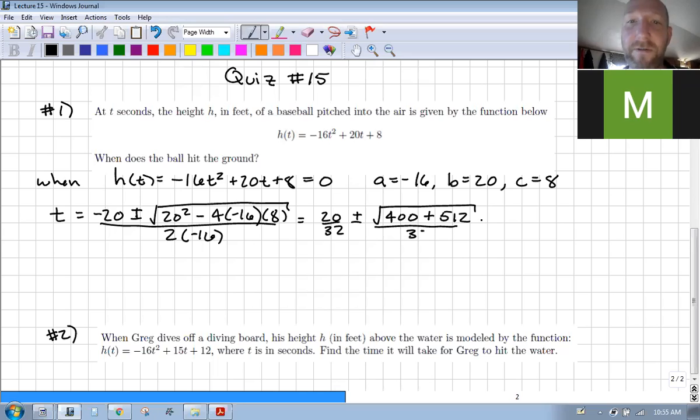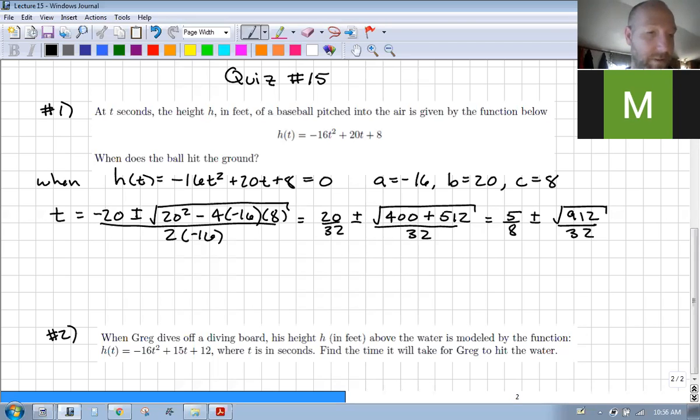Over 32. See, 20 over 32 is 10 over 16, which would be 5 over 8. We have the square root of 912 over 32.